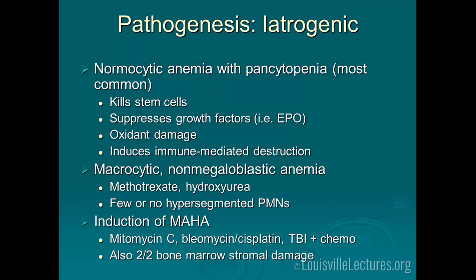We can cause the anemia with our drugs themselves by killing the cells in the bone marrow and causing oxidative damage. We can also cause hemolysis with some drugs, and some drugs have their own unique syndromes, such as methotrexate or hydrea, which cause a macrocytic but non-megaloblastic anemia.